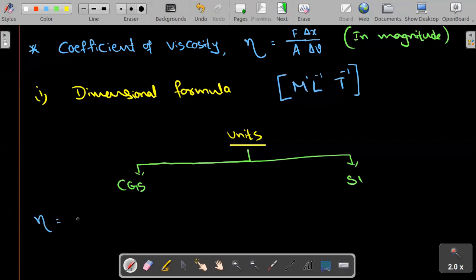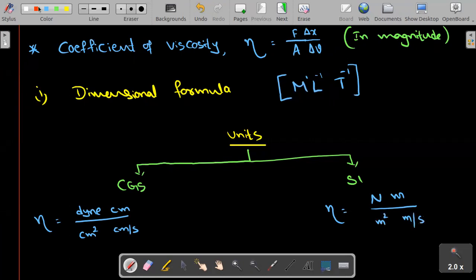By looking at the formula, force we measure in dynes, right? Delta x, which is position, we measure in centimeters, upon area, again centimeter square, and velocity, centimeter per second. Similarly, write down for SI. So eta is Newton, meter, upon meter square, meter per second.